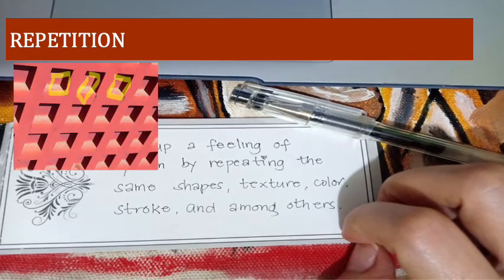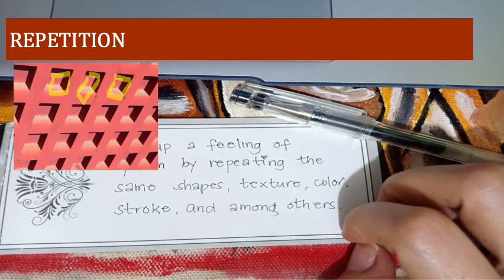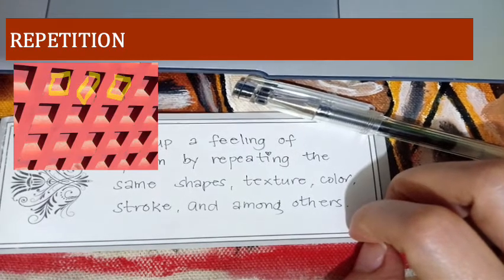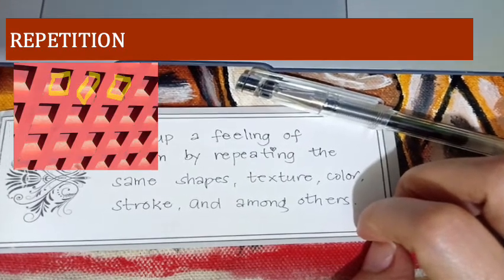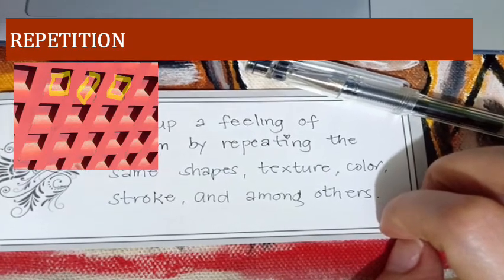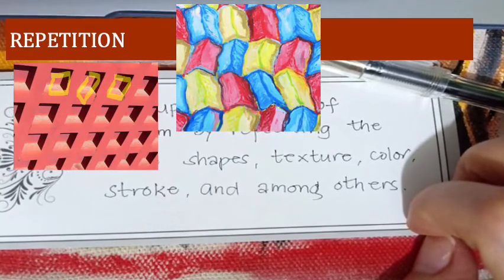on the artworks. But it doesn't necessarily have to be just the object. No? Artists can also play with the way they put the object on the page. No? So as you can see here, this is what we call the repetition.